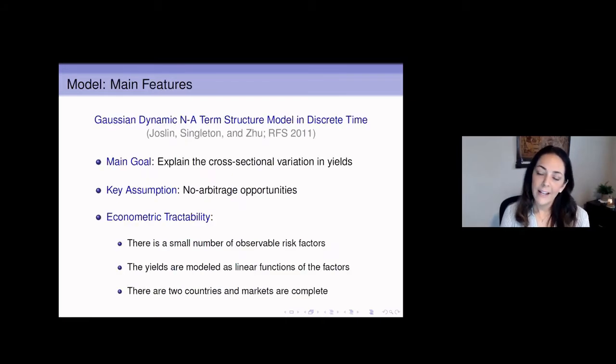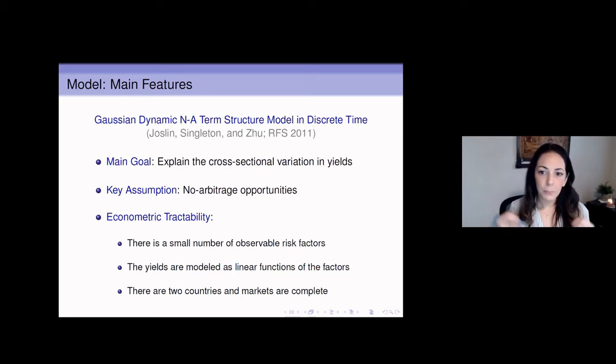So the model that I use is officially called a Gaussian dynamic no arbitrage term structure model, and I'm going to use the Joslin, Singleton, and Zhu estimation method, which looks at this model in discrete time. Now, what is the main goal of a term structure model? It is to explain these cross-sectional movements in the yield curve.